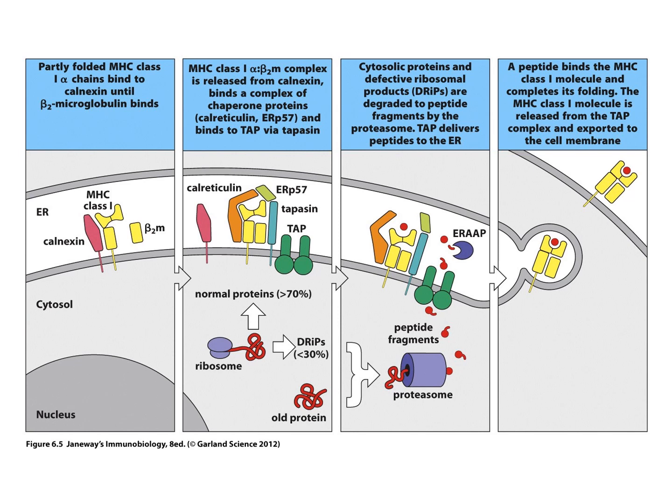When you're looking at everything here, you also see you have TAP there. TAP will have a close affinity towards our tapasin, ERP57, calreticulin complex.